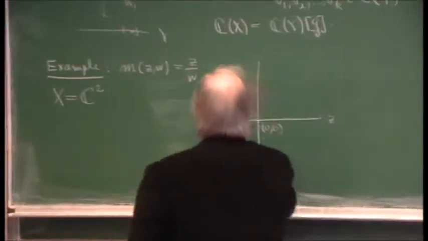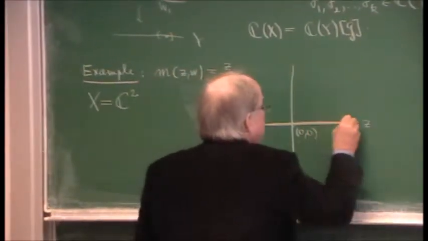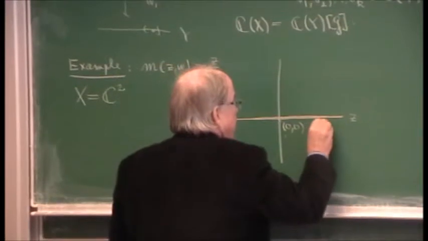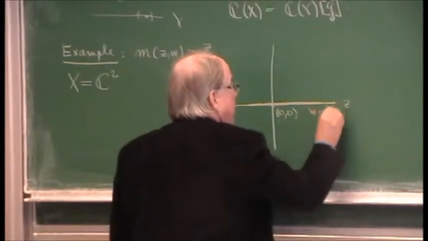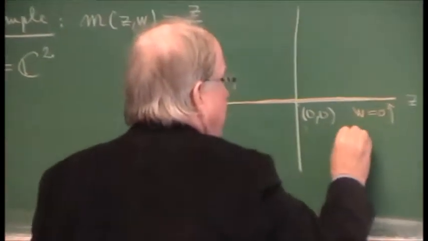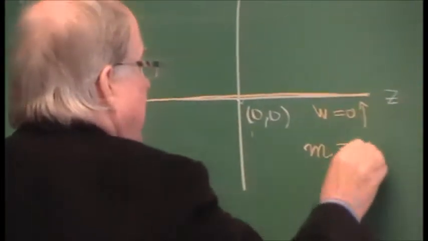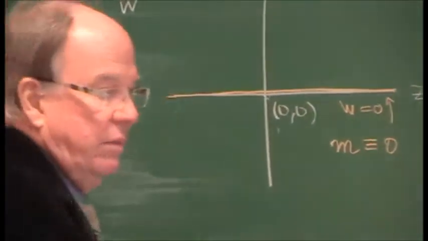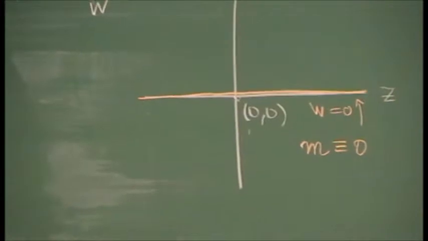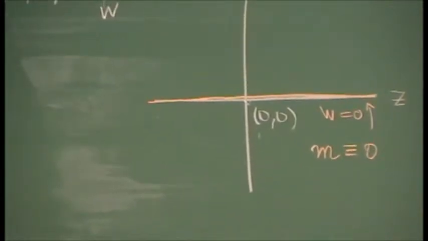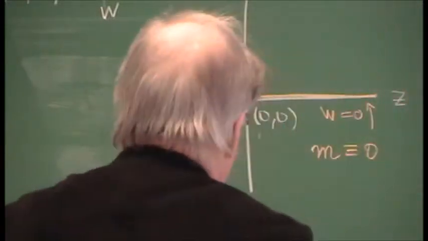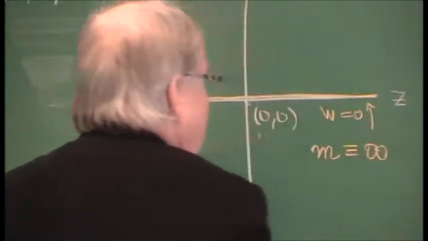So along this axis, where w equals 0, M should be identically infinity. Oh, did I write 0 again? I'm sorry, M should be identically infinity.